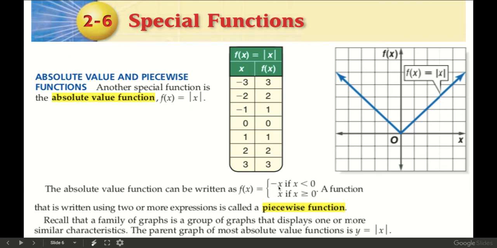It would be this -1 slope with a y-intercept of 0 for all x values that are less than 0. And this one would be a line with a slope of +1 and a y-intercept of 0 for all the x values that are equal to or greater than 0, right? So everything in this direction would be that +1 slope line with a y-intercept of 0. This would be a -1 slope line with a y-intercept of 0.